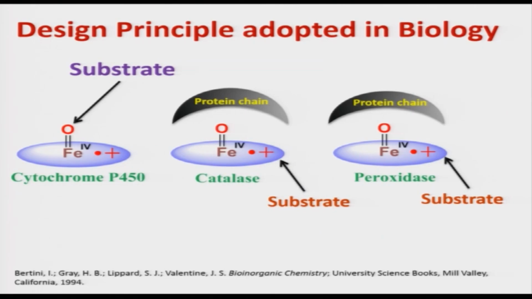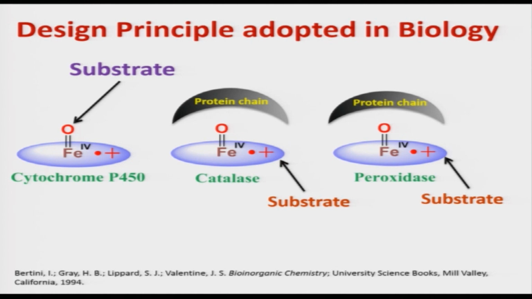The oxidation of the substrate by electron transfer is possible for catalase and peroxidase, but the substrate is too far from the oxo ligand for oxygen atom transfer.